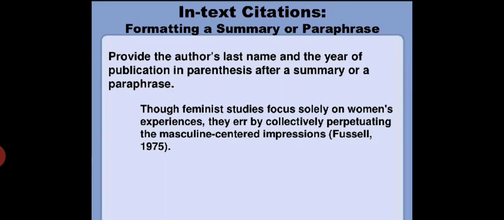Fossil 1975. This is an example of giving a summary or paraphrase of some information. So you would give the summary or paraphrasing of one concept, and at the end you would be giving the writer name, then comma, then year of publication in the parenthesis.